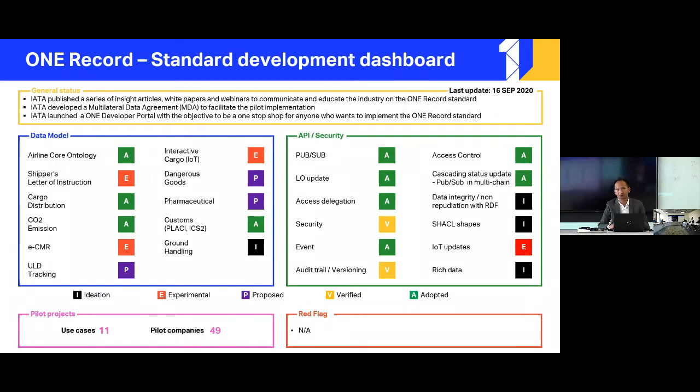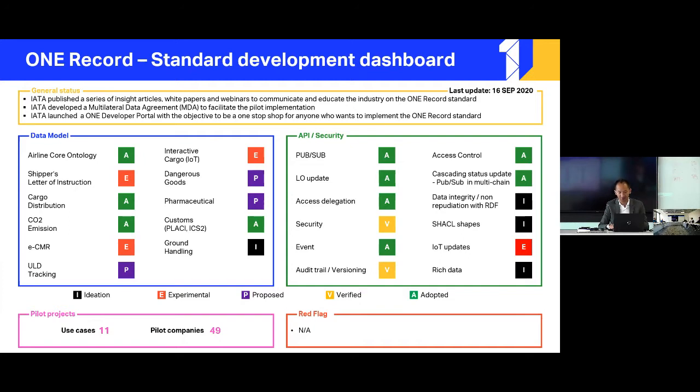As a third stage, we take this draft, discuss it within the expert groups, and come up with a proposal. During the fourth stage, which is verified, we integrate the proposal into a pilot project, we run it, and we look at whether the proposition is fit for purpose.